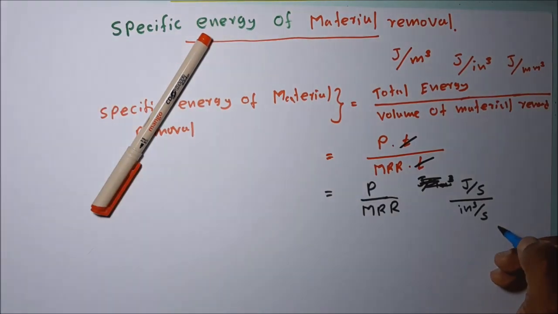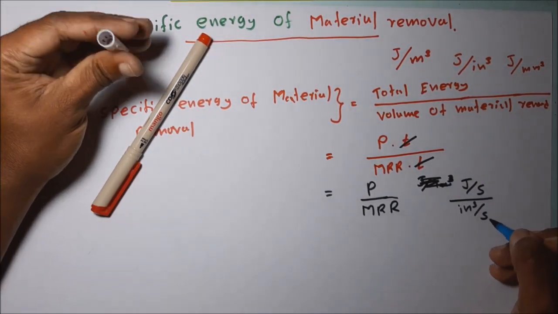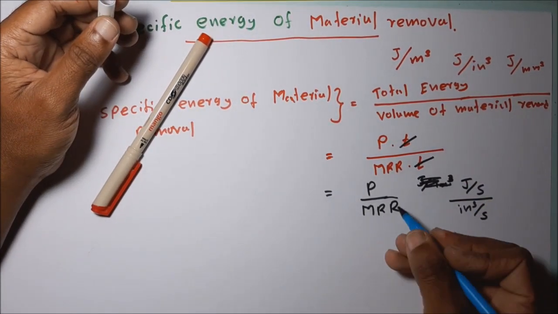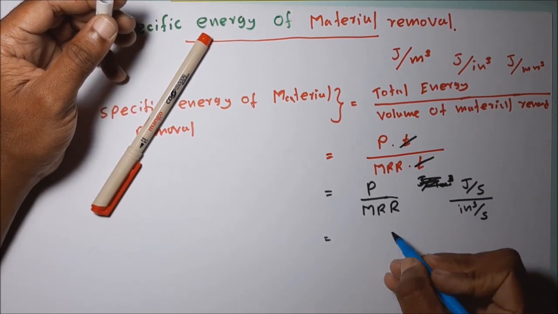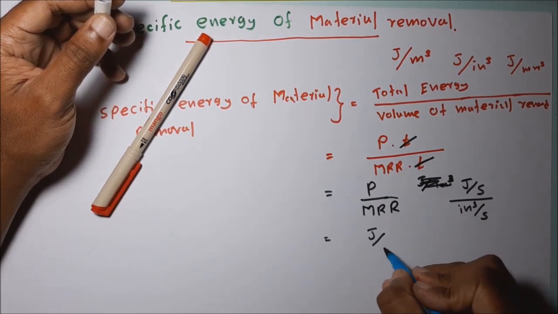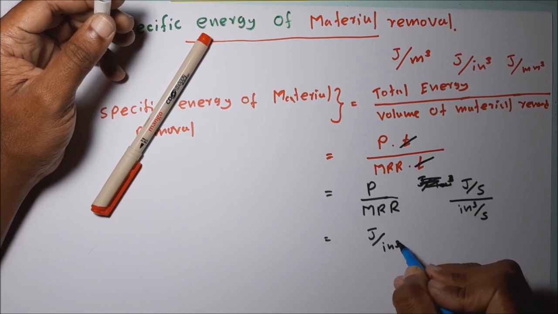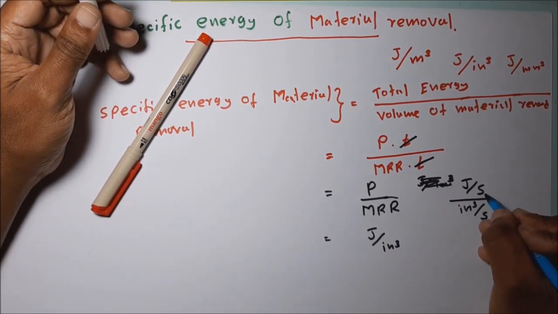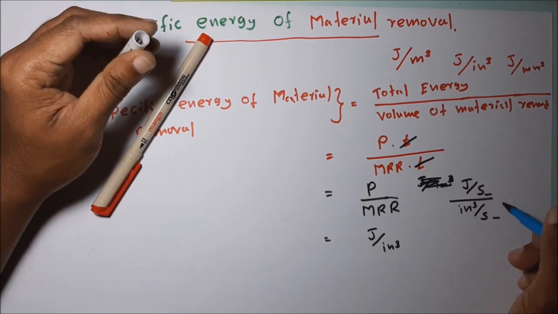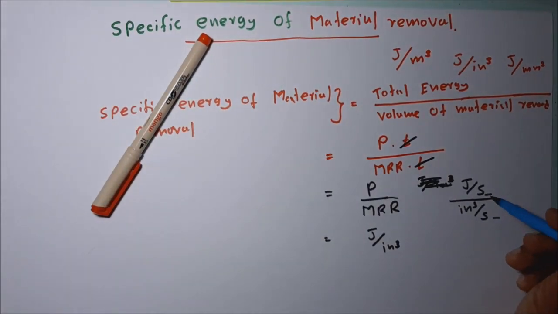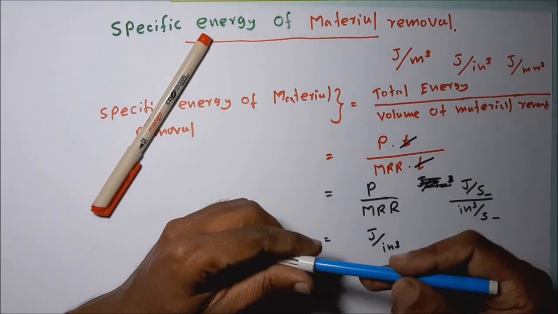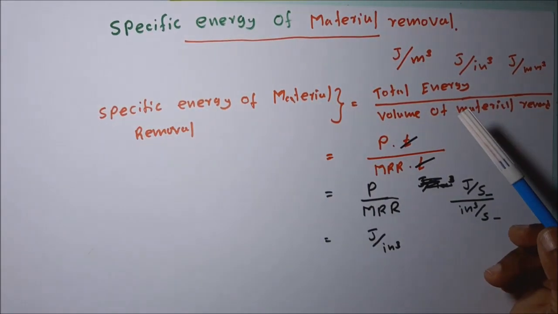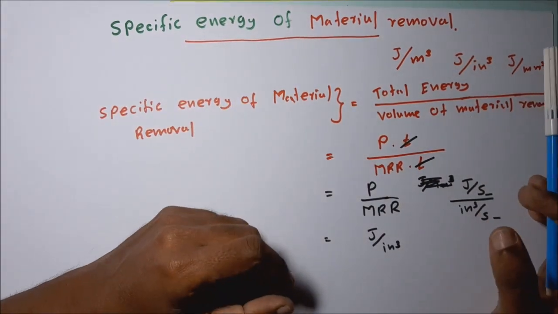The time unit should be the same. Then we get units of joules per cubic inch. If they are not the same, we have to convert to one same time unit, second or minute. This is how we calculate the specific energy of material removal.